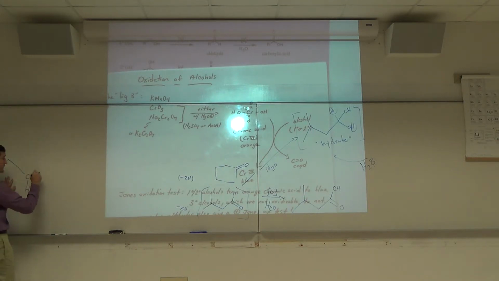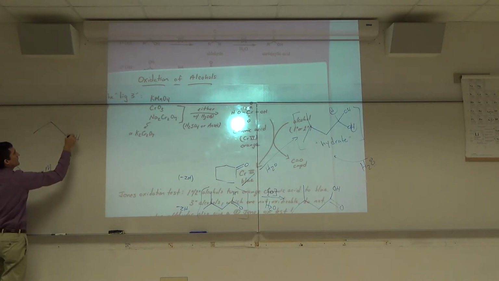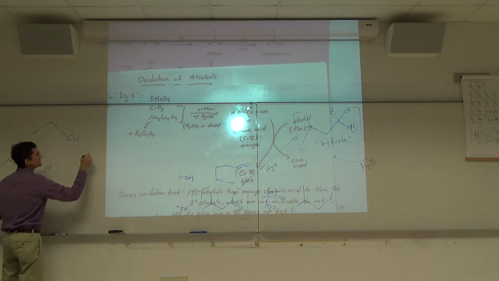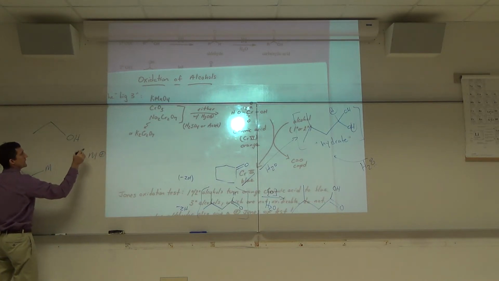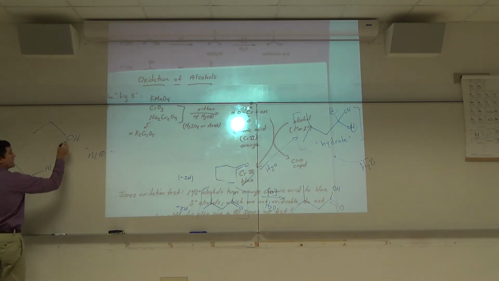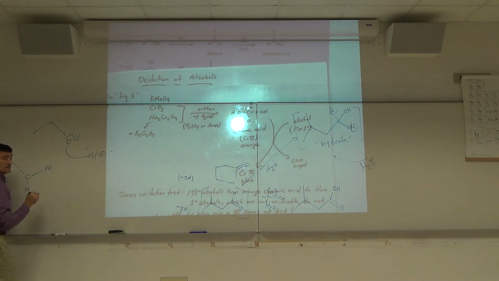It reacts with the metal to give, well, let's keep up with electrons. And let's just say metal plus, very generic. It might be 6 plus. This can react to the metal somehow, okay?